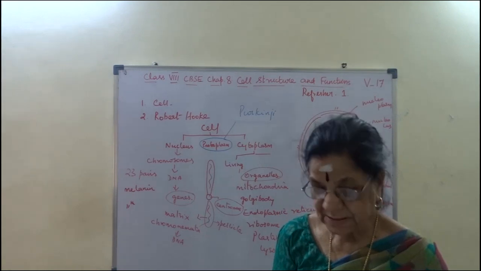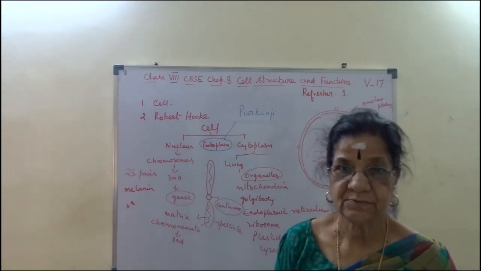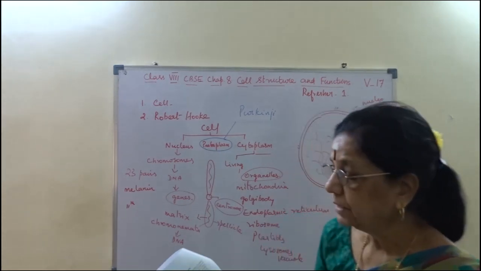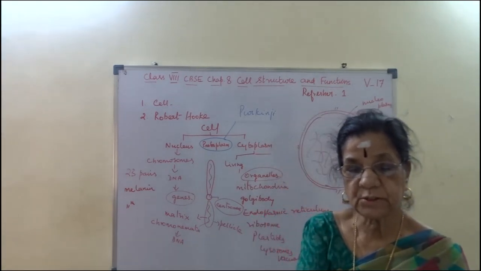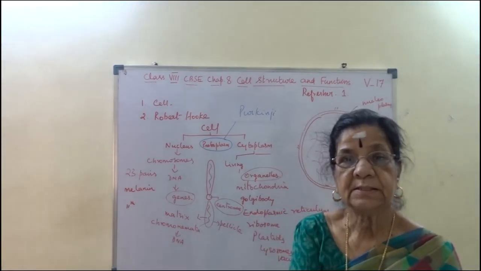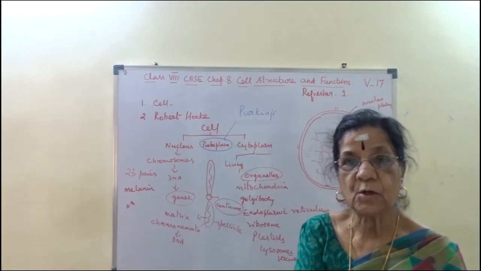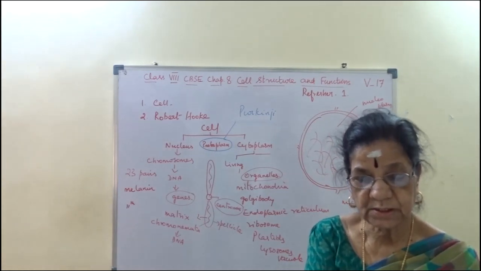The chromosomes can be seen only when the cell divides. A gene is a unit of inheritance in living organisms. It controls the transfer of hereditary characteristics from parents to the offspring.